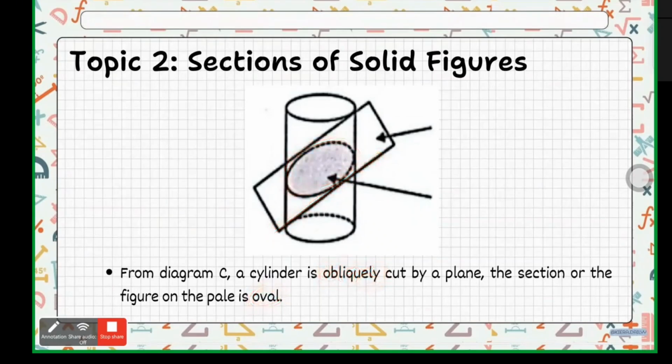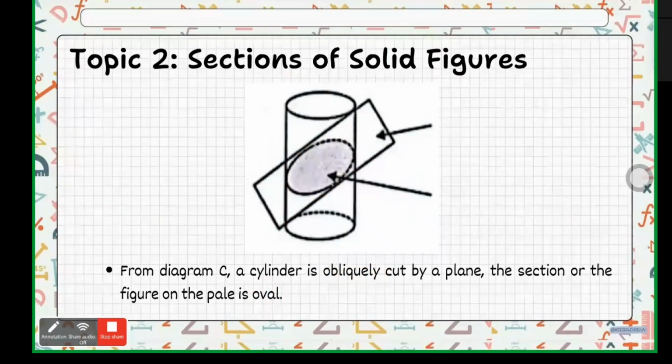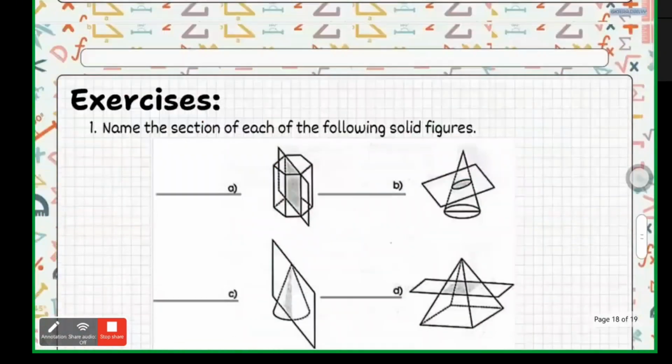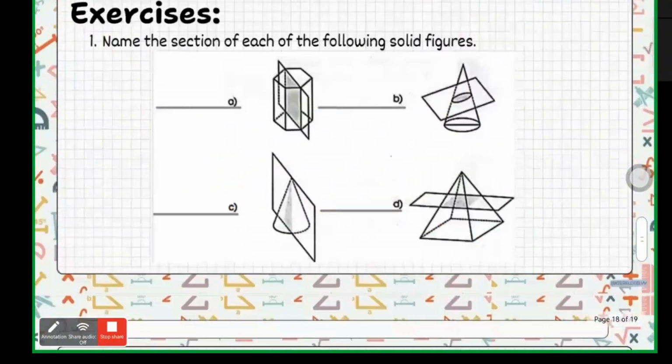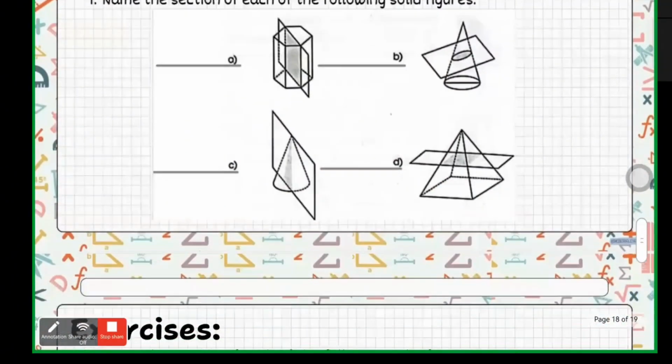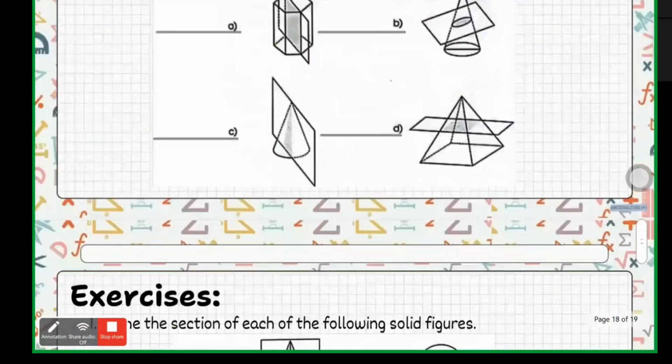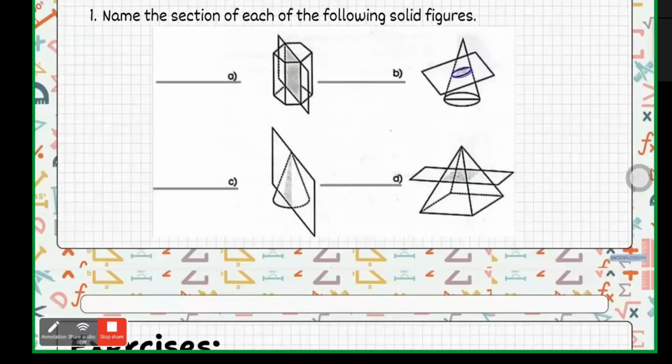Okay? So this is really easy. Just imagine what will be the cut of the three-dimensional, the shape of that. So for exercises number 1, I want you to name what shape will be there after it is cut. I'll give you letter B, and that is the same will be this. The shape in here is oval.